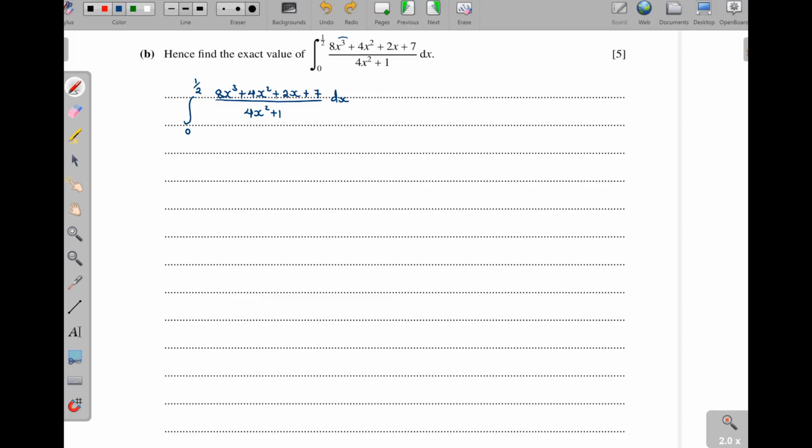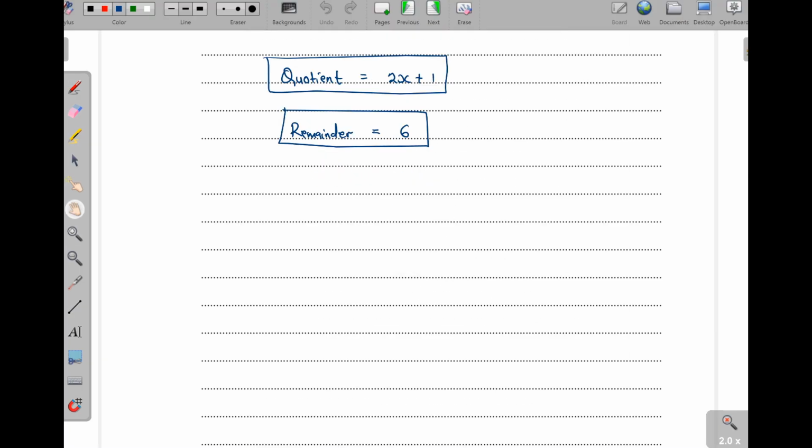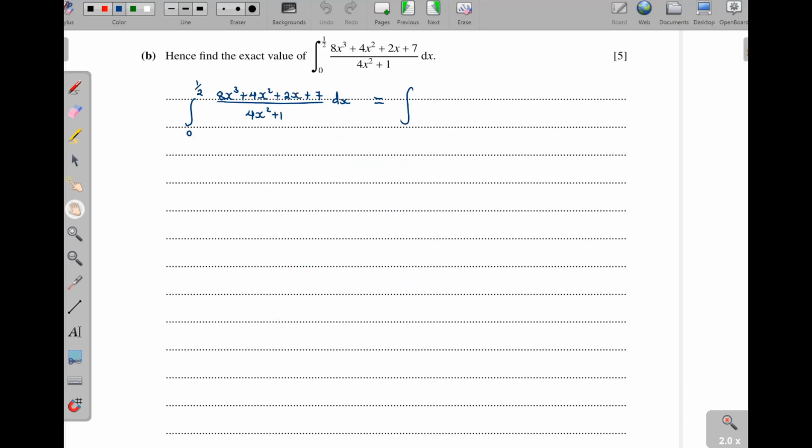So, if the degree of the numerator is greater than or equal to the degree of the denominator, you first long divide. So that's what we did at first. So this one is going to be the integral. When we divided here, our quotient was 2x plus 1.